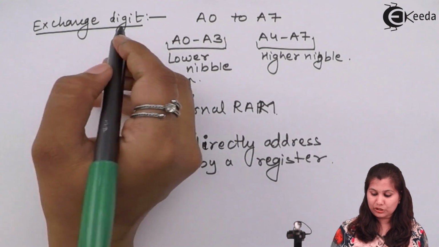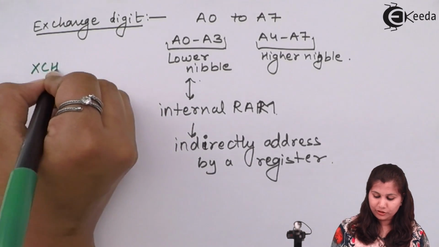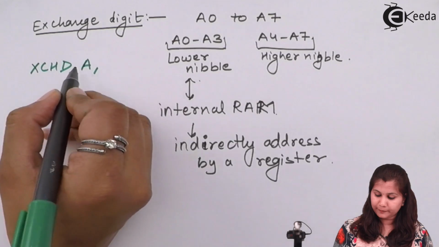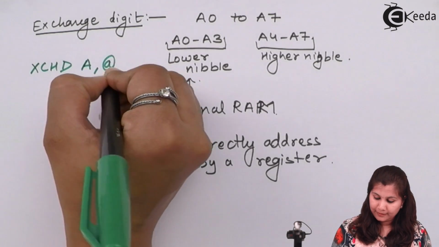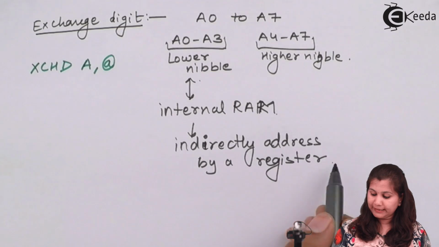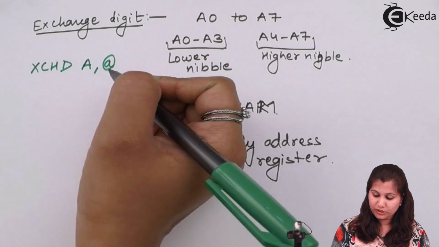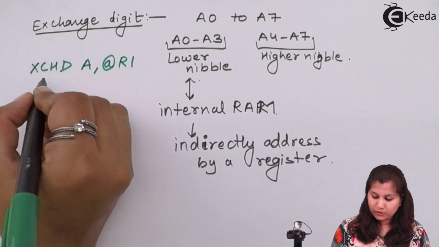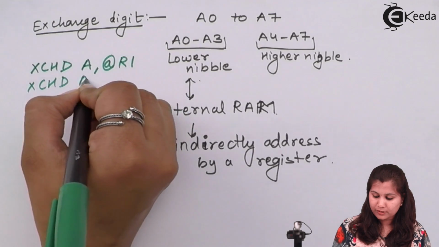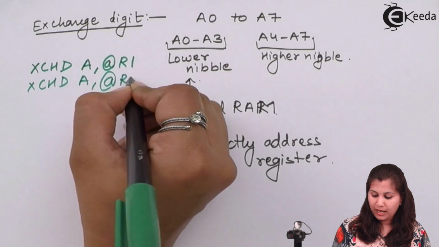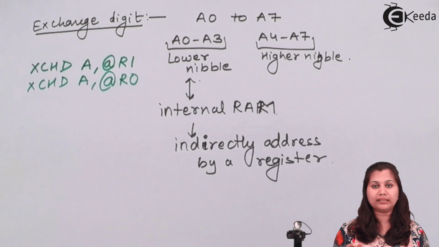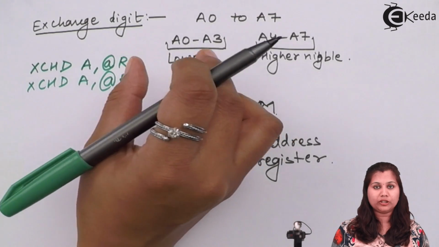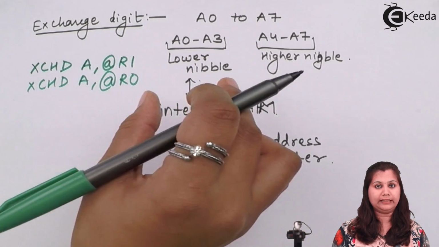The mnemonic for this exchange digit will be XCHD, where D is for digit. Destination will be our accumulator, and the internal RAM, because it is indirectly addressed by a register, we will use the @ sign, and here we will have the register R1. Also another example, we can use the R0 register also. R1 and R0 are used for addressing the internal RAM. Okay. So here the lower order nibble of the accumulator is exchanged with the internal RAM.